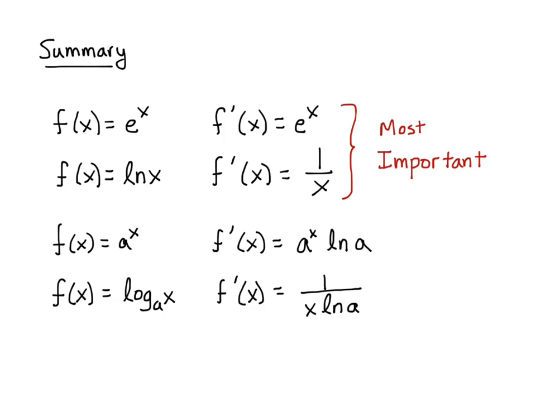The derivative of e to the x is just e to the x. So if you have e to the y, you can use the chain rule to calculate the derivative there. The derivative of the log is just 1 over x. And these others you probably will have to remind yourself from a table of derivatives. But these 2 are really important, and those are the ones that we're going to return to.